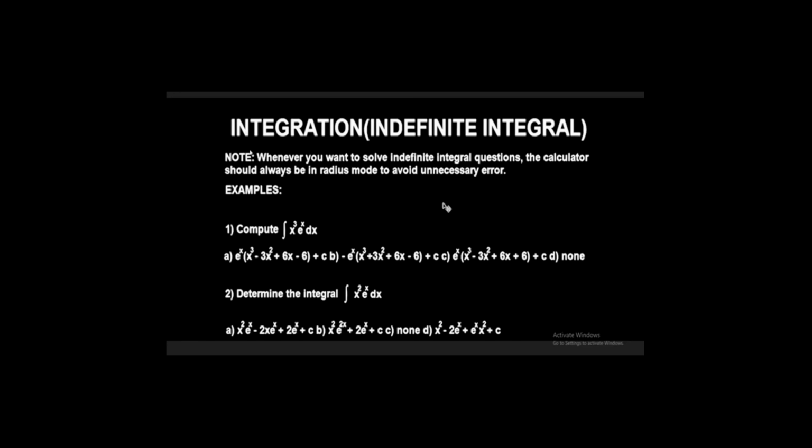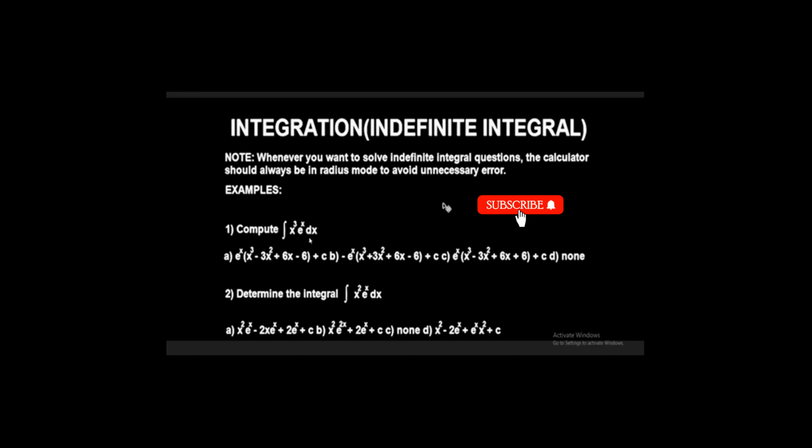Alright, so as you can see, I have written here, note, whenever you want to solve indefinite integral questions, the calculator should always be in radian mode, to avoid unnecessary error. Very, very important, guys. So having known this, let's begin with question 1. It says compute this indefinite integral, x cubed e to the power of x dx.